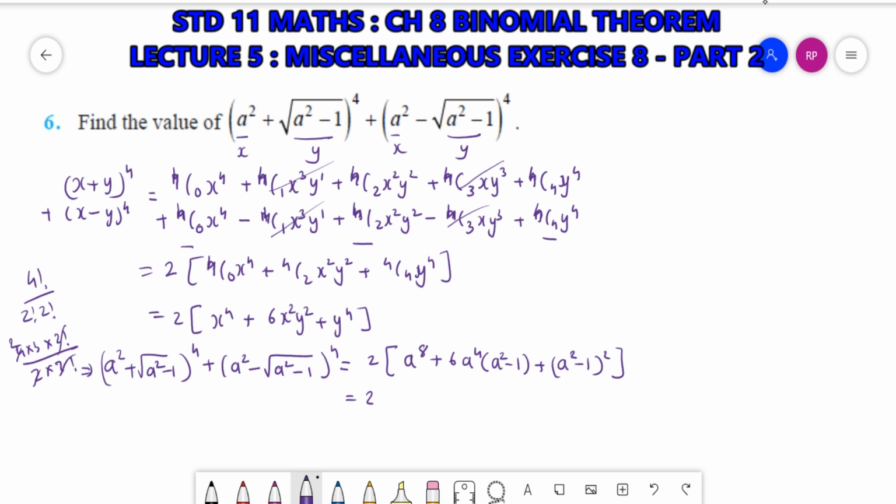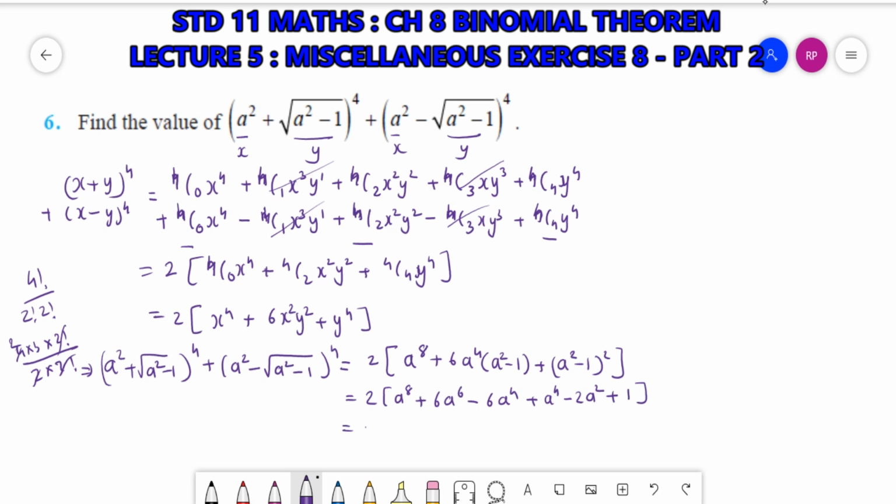So this will be equal to 2[a^8 + 6 a^4 (a^2 - 1) + (a^2 - 1)^2]. (a^2 - 1)^2 is a^4 - 2a^2 + 1.